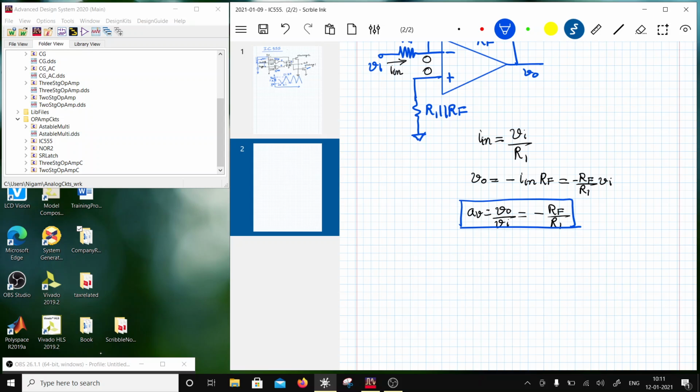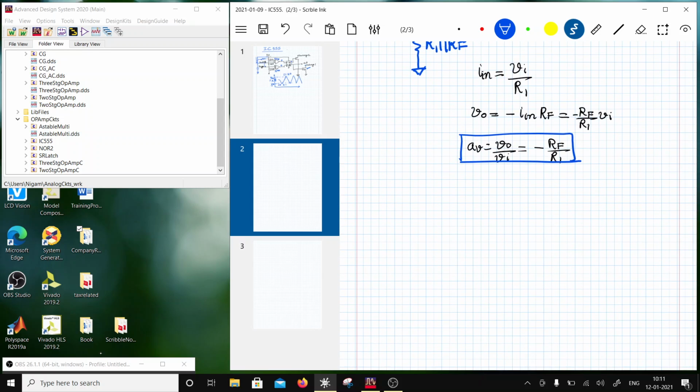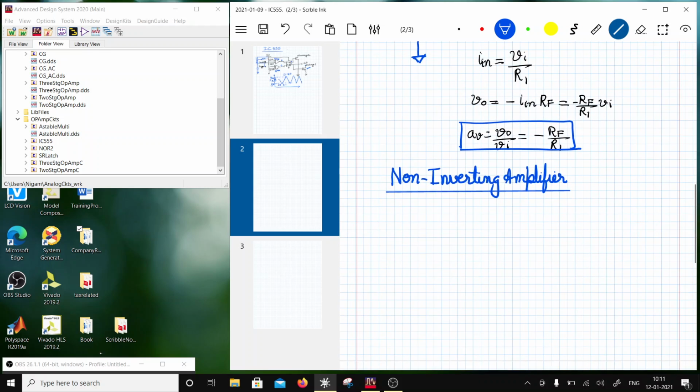Let's see what happens in the case of a non-inverting amplifier. In this case, only the inputs are swapped.